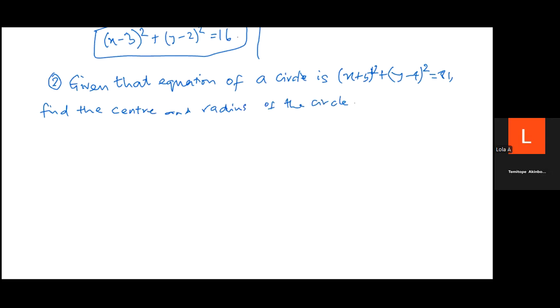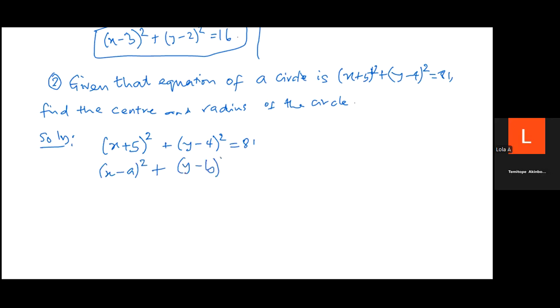To do that is trivial. It's very simple. You just compare the equation given to you with the general form in completed form, (x minus a) squared plus (y minus b) squared equals r squared.